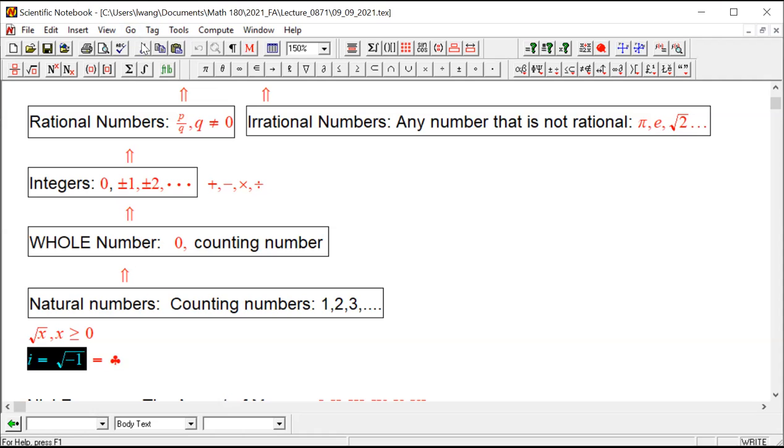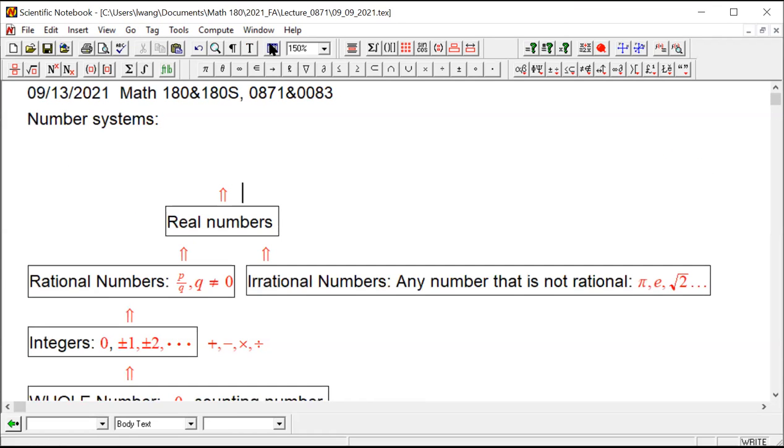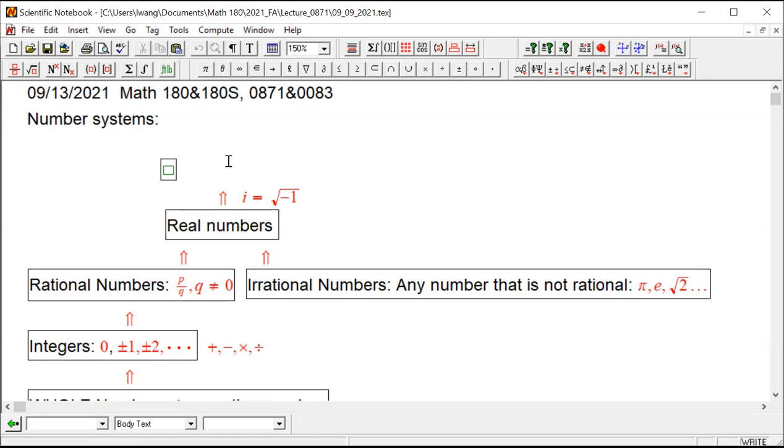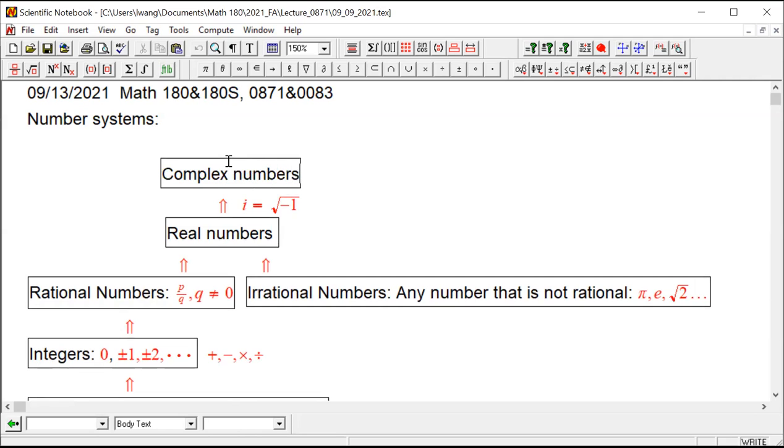So i is the sole reason that we introduce complex numbers. And with the introduction of i, we can take square root of negative numbers, and that will be an entirely new system. We call it complex numbers. All the complex numbers assume this form, a plus bi, where a, b are real numbers. So complex numbers include the real numbers, but real numbers do not include complex numbers. So real numbers are only part of complex numbers.